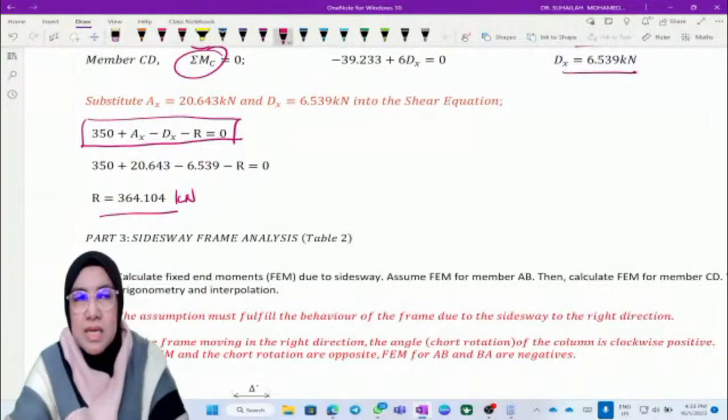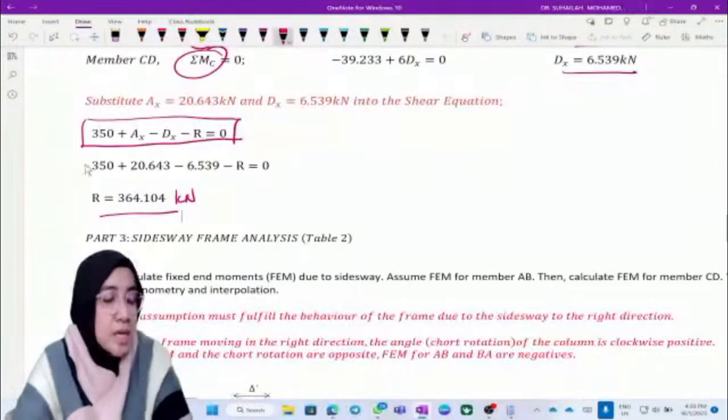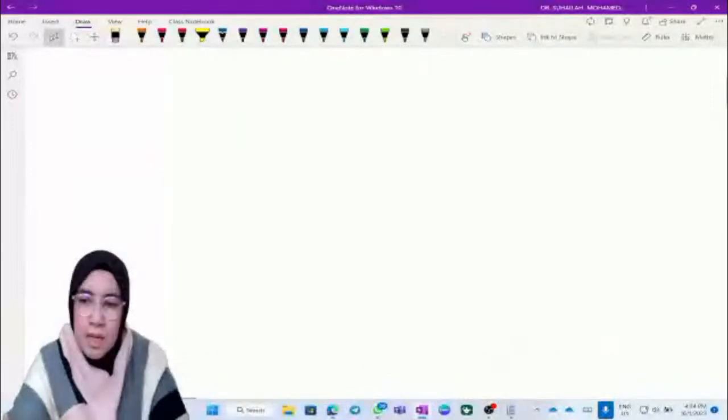This is a horizontal force, kilonewton. Okay, and then we settle part 2 A, B, C.